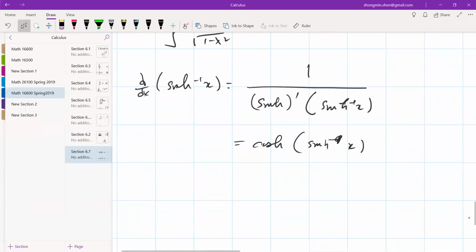So be careful about their signs. All right, now for this one, what I'm going to do with it, okay? It can also be simplified. The reason is hyperbolic cosine y squared minus hyperbolic sine y squared equals 1.